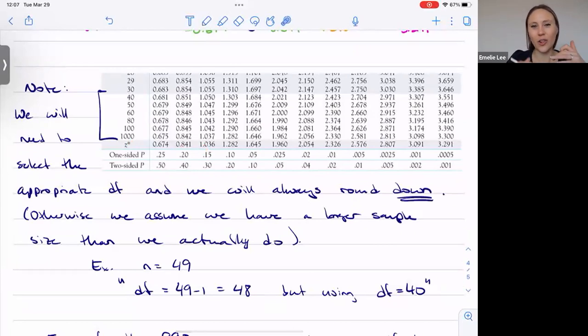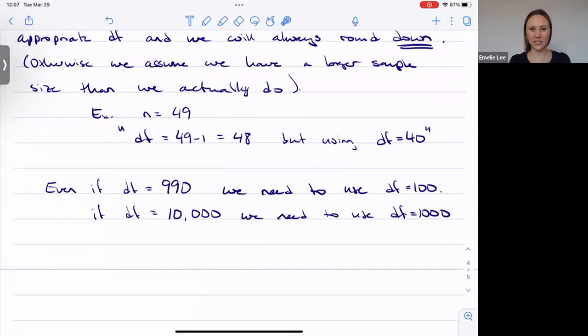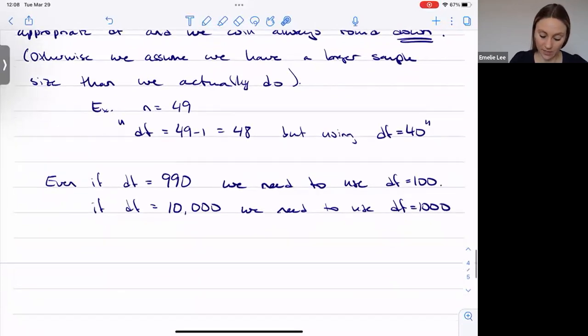There's a lot going on with the T distribution, but once we have a handle on it, we're going to be running smoothly. So that's why I wanted to take today to really talk about the T distribution and the shape and stuff like that, degrees of freedom.